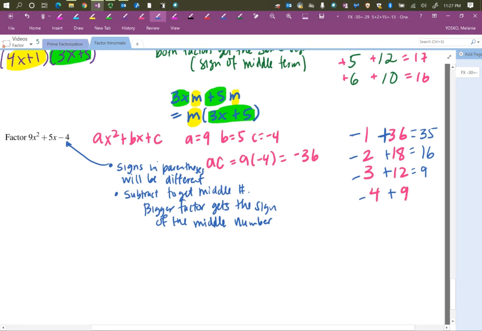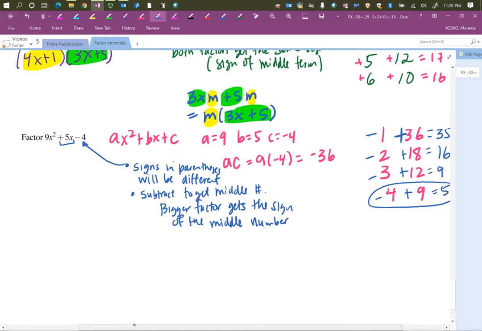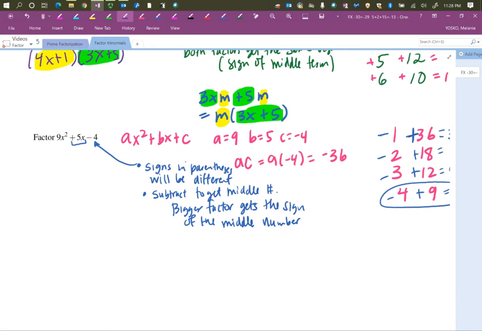Negative 4 plus 9 is 5. And we want it to be positive 5. So we're going to rewrite our middle term, positive 5x, as negative 4x plus 9x. So we have 9x squared minus 4x plus 9x minus 4, and then we factor by grouping.